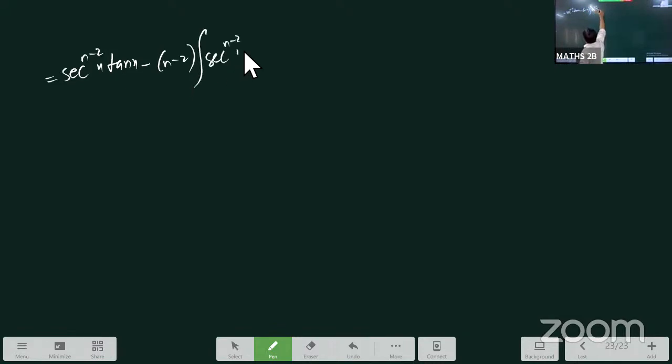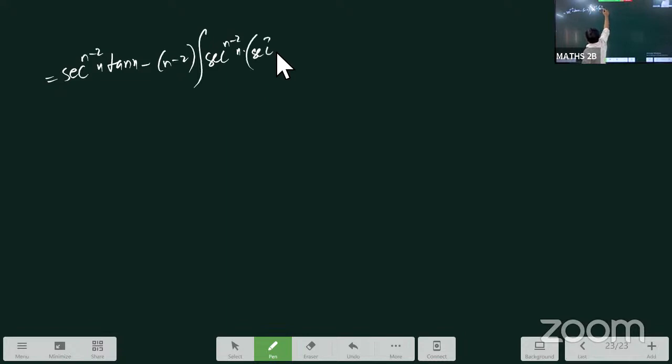That is secant to the power n minus 2 x into tan x minus n minus 2 integration of secant to the power n minus 2 x into tan square x.